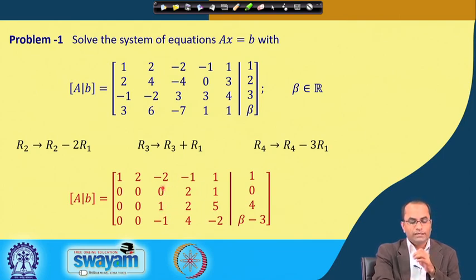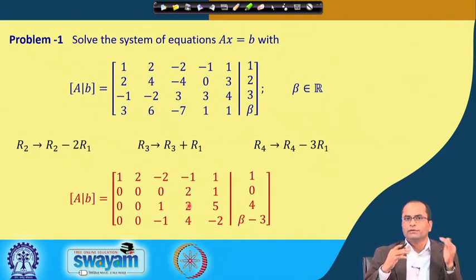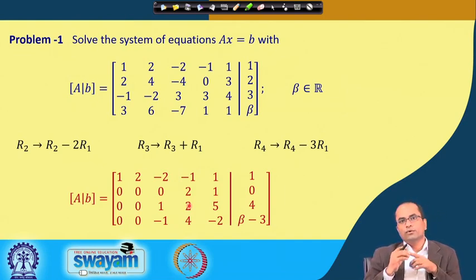But here we realize that there is already 0 there. Remember the stepwise structure of this echelon form, and this is a very systematic approach. With the help of equation 1, we remove the first variable x1 from equations 2, 3 and 4, then equation 2 will be used to remove x2 from equations 3 and 4, and then equation 3 will be used to remove x3 and so on.